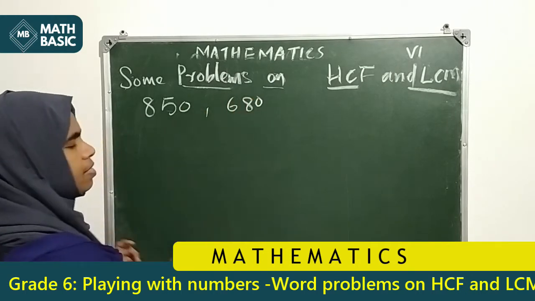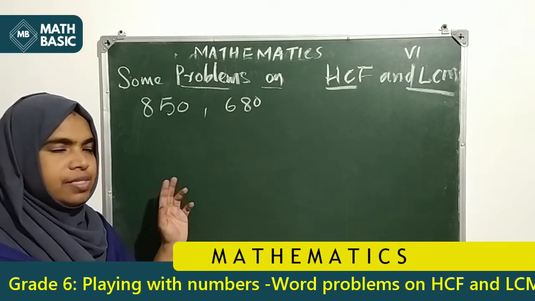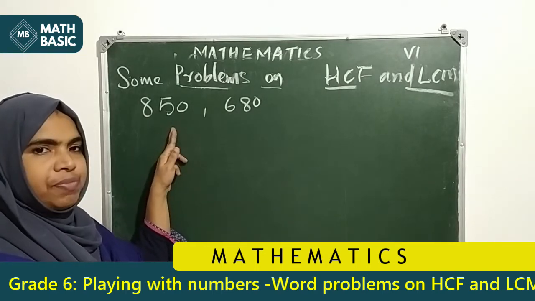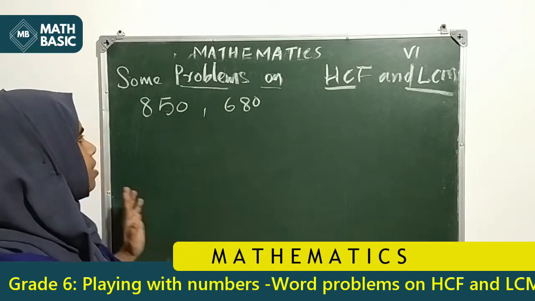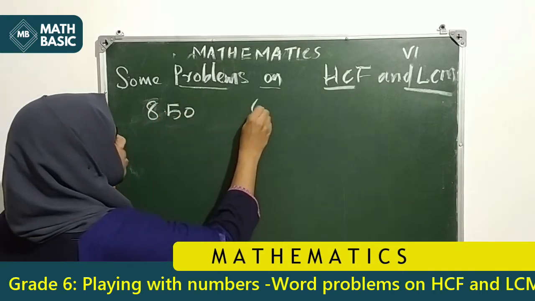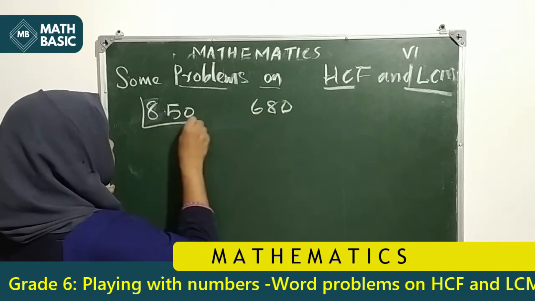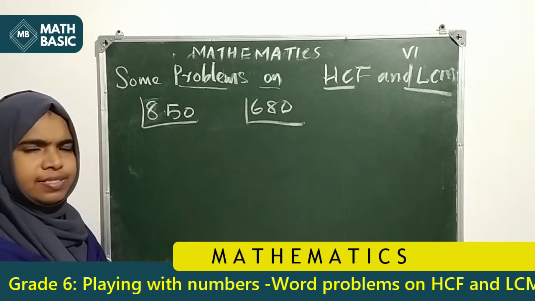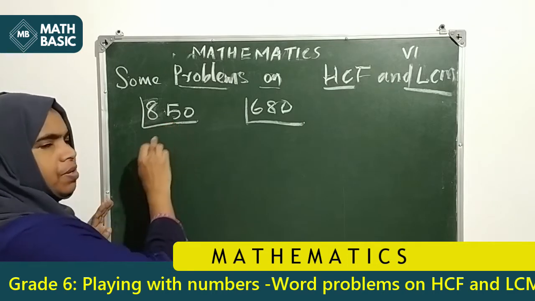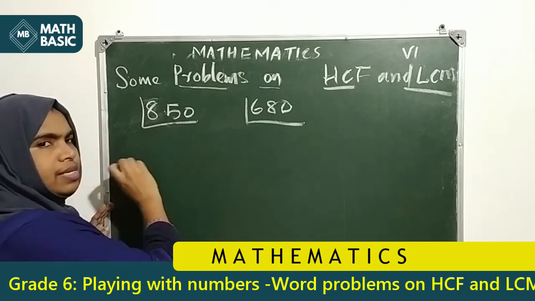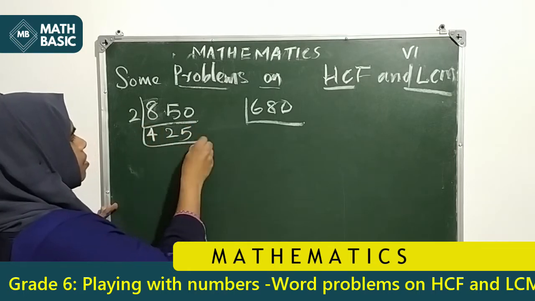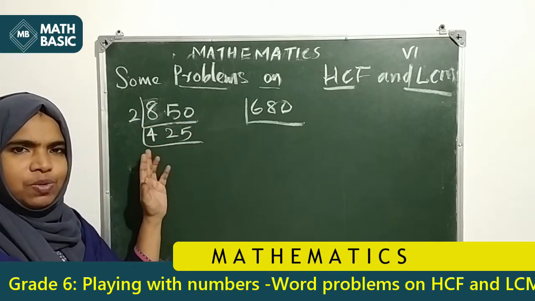Find the HCF of 850 and 680. Do prime factorization of 850. We know this is an even number, so 425. Then this is an odd number, so check by 3.